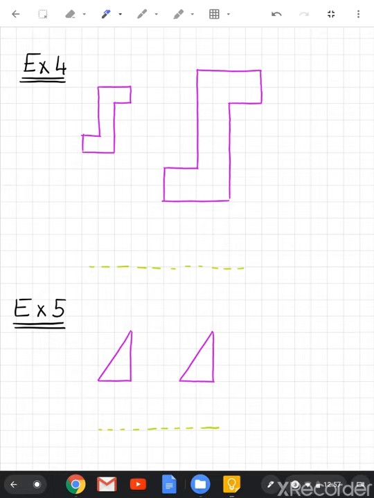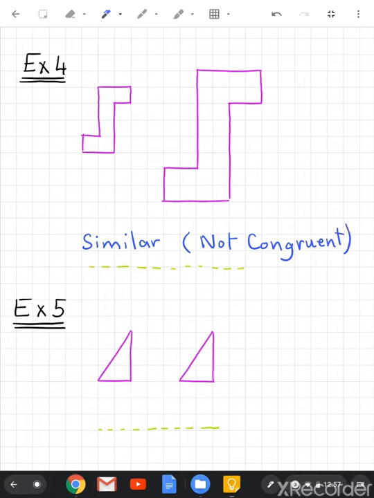Yes, they are similar because they have the same shape. Are they congruent? No, they are not congruent. Why? Because they have different sizes.